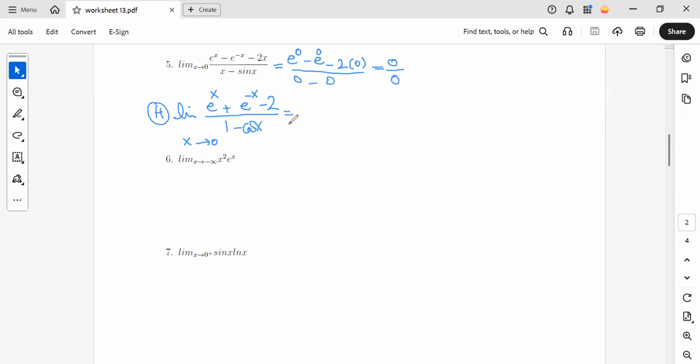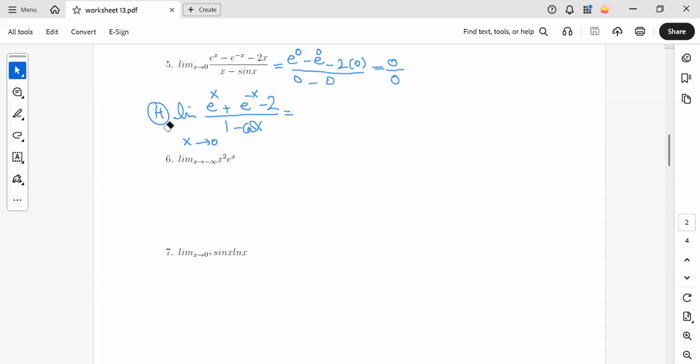Now, we would check if it is defined or not. When you plug in 0, you would have e to 0, which is 1, plus e to negative 0, which is 1, minus 2. So it will be 1 plus 1 minus 2 over 1 minus cosine of 0, which is 1. So we again would have 0 over 0.